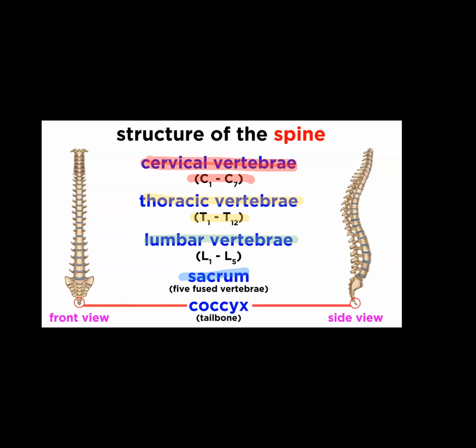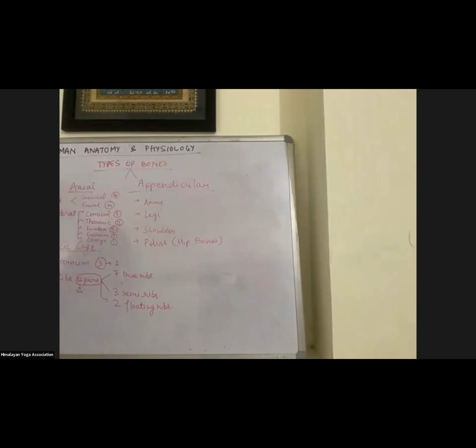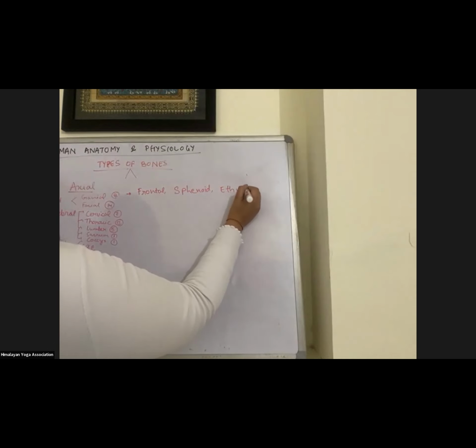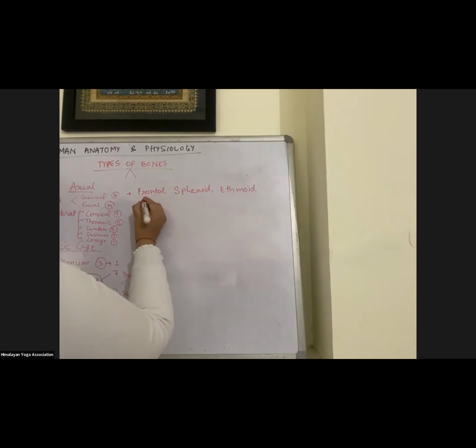Okay. So now let's study the head, cranial and facial. In cranial we have frontal, sphenoid, ethmoid, parietal.